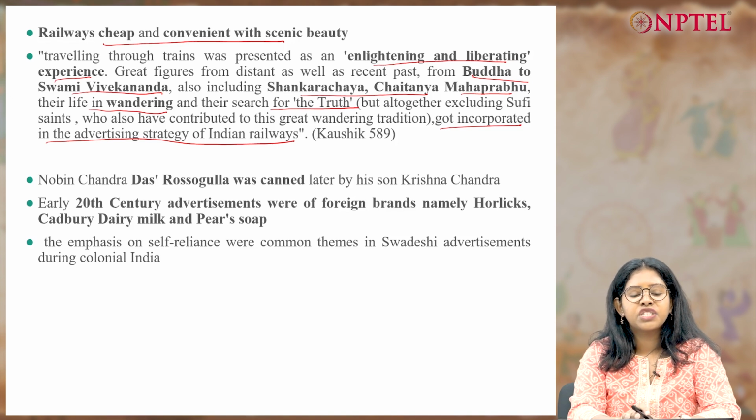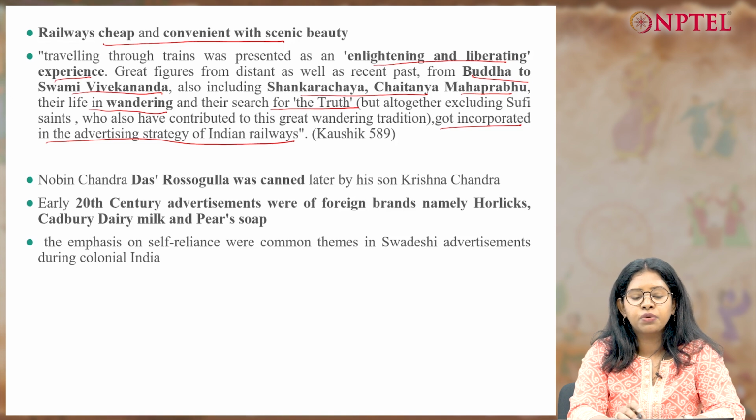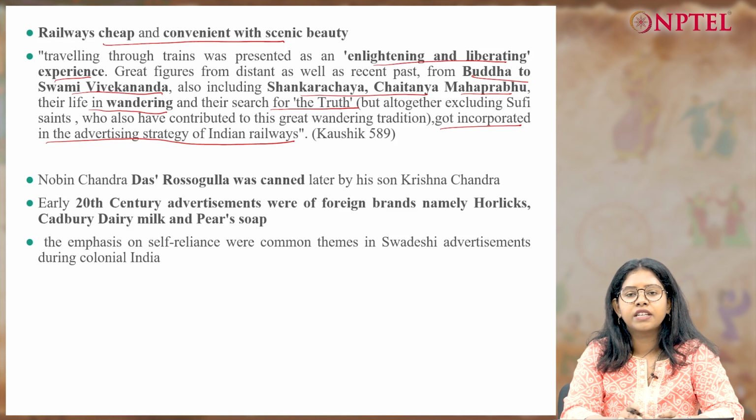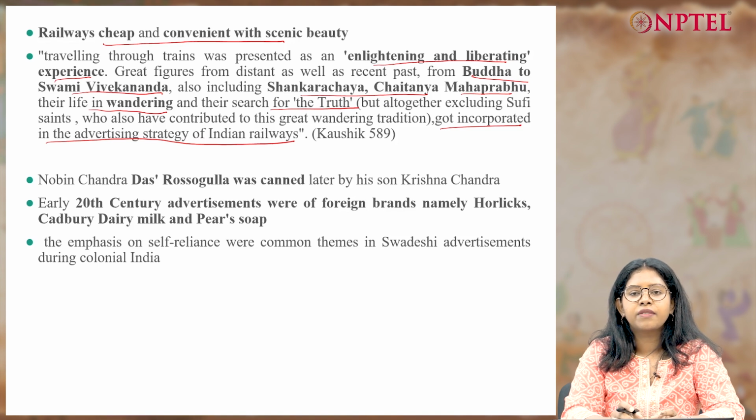Now, the explanation of this particular advertisement, as Kaushik has mentioned, has altogether excluded the Sufi saints who have also contributed in this great wandering tradition. So we see two kinds of markers here. One, that the railway is associating itself with great, enlightened people like Buddha to Chaitanya Mahaprabhu, and then conveniently leaving out the Sufi saints.